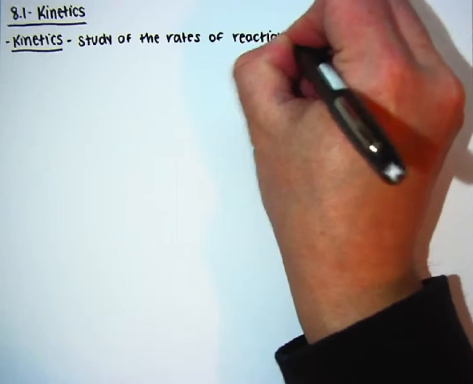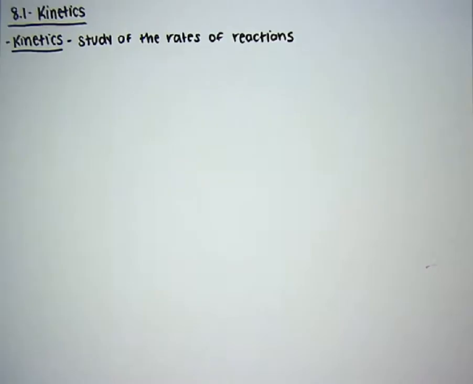So we're going to be looking at the rates of reaction, how quickly or how slowly a reaction occurs. We're also going to talk about factors that affect the rate of reaction. So if we want a reaction to speed up or slow down, how can we do that?